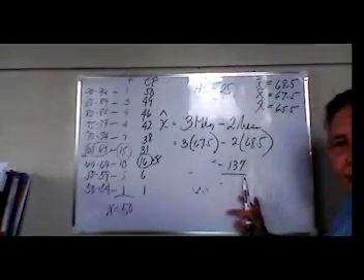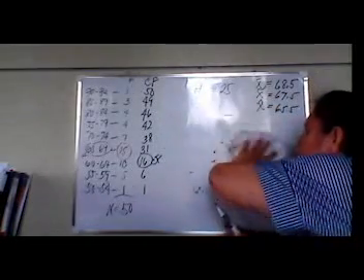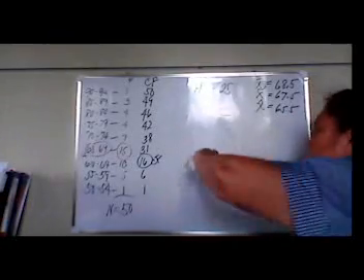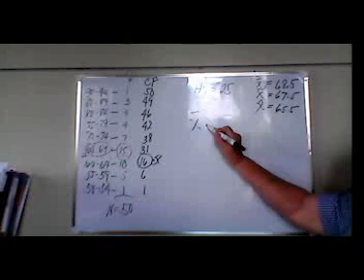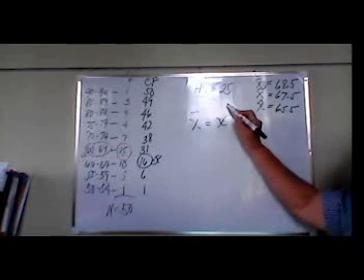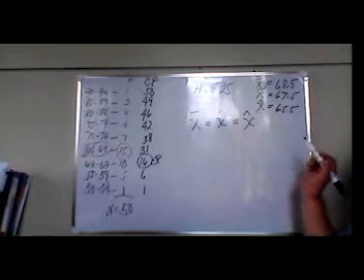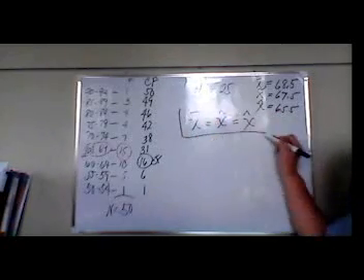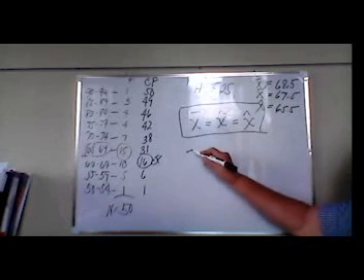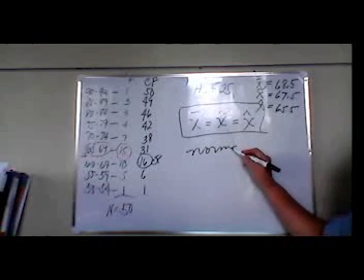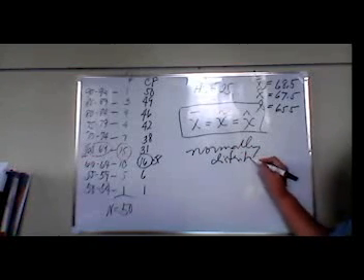Mga dearest, take note. Take very good note of what I'm going to say. If the value of the mean is equal to the value of the median is equal to the value of the mode, kung pare-pareho sila, then you have what we call a normally distributed set of scores.